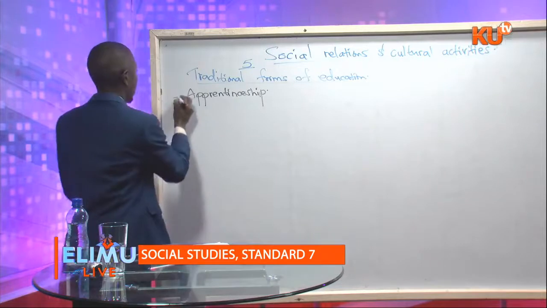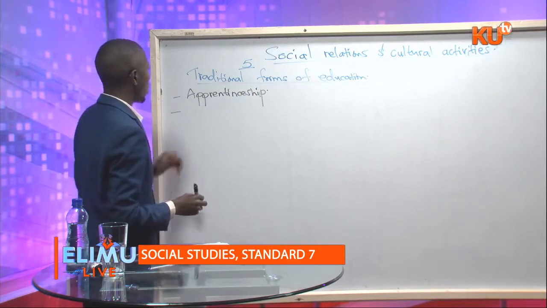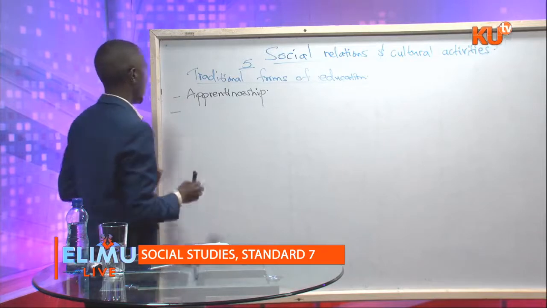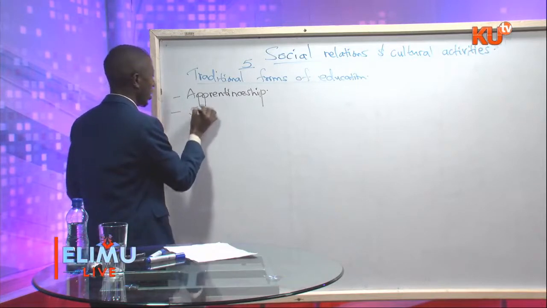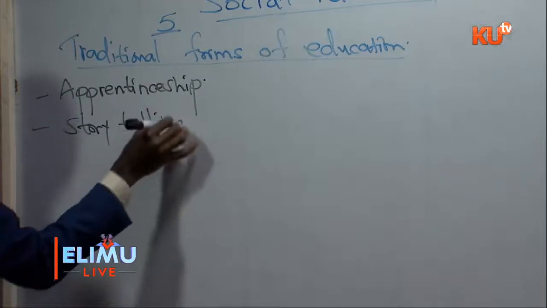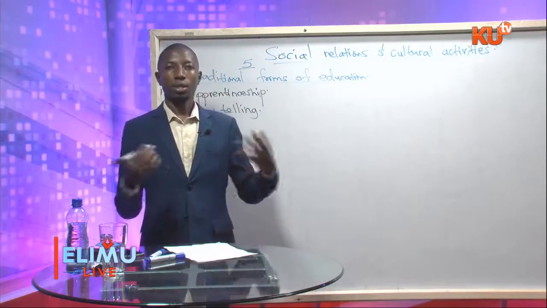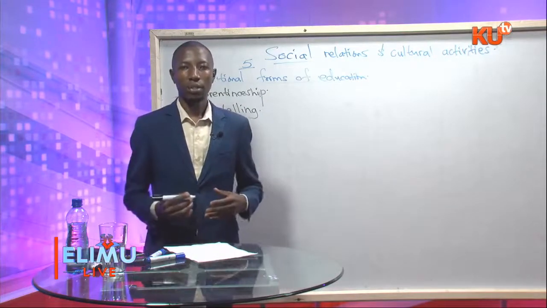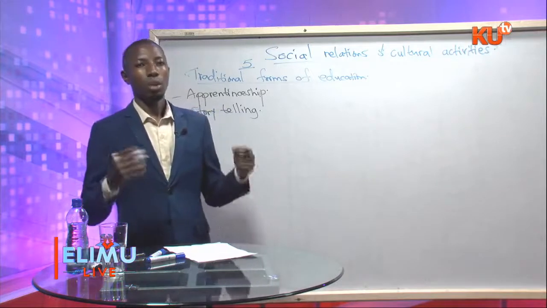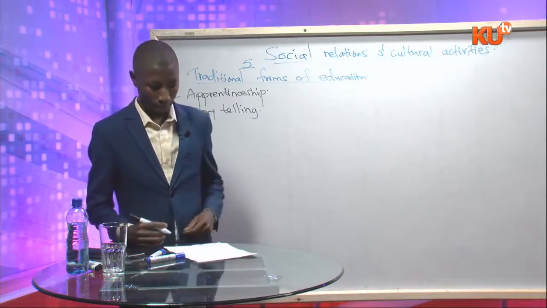Another form of education in the traditional African communities was through storytelling. Children could be told stories. These stories could have moral values that the ones who told the stories would like the children to have.